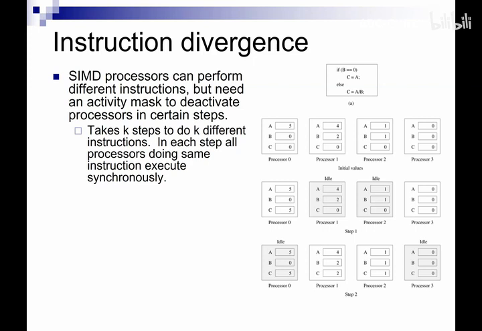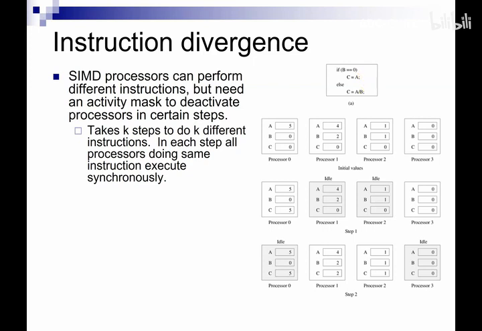In this example, we have, let's say, 4 processors, and each of them is looking at a value b. If it's 0, then the processor is going to do one thing, and otherwise it'll do a different instruction.